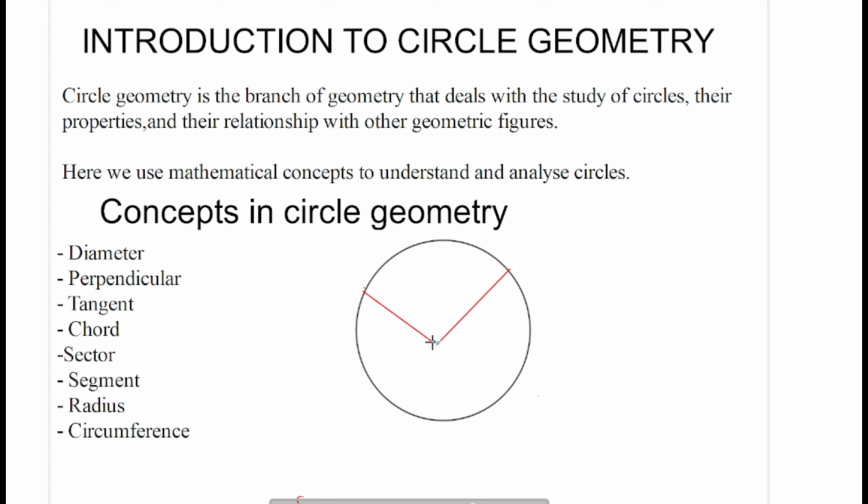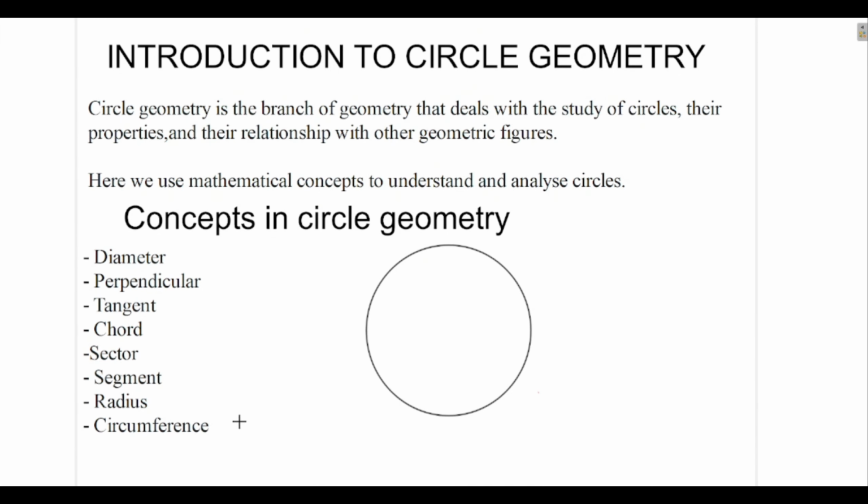When two radii meet, they form a sector. So this is a minor sector and this is a major sector. The smaller one is called the minor sector, the bigger one is called the major sector. It must be two radii that meet together.